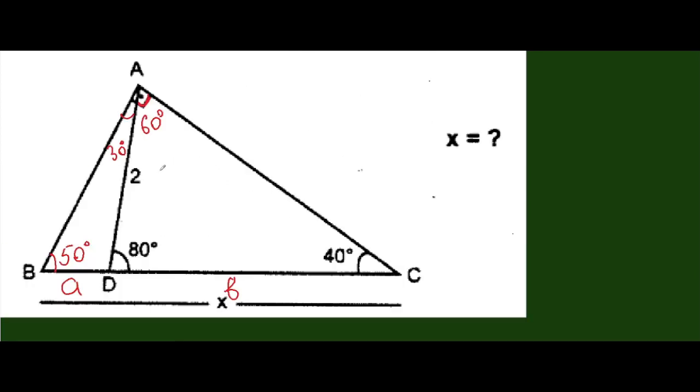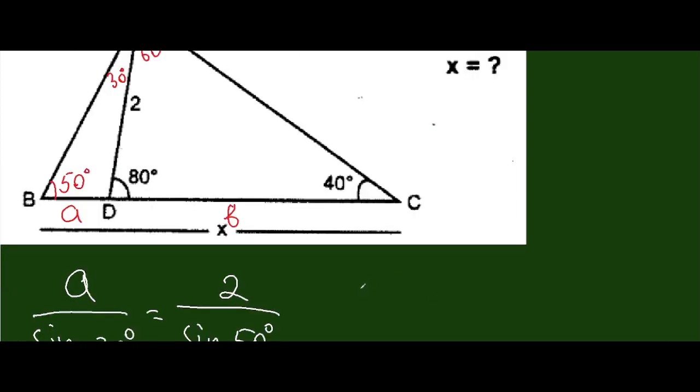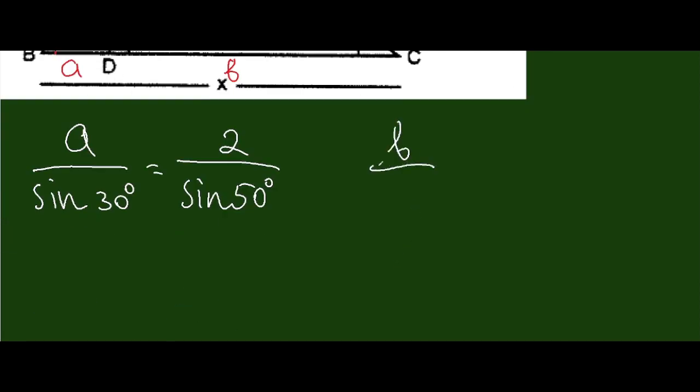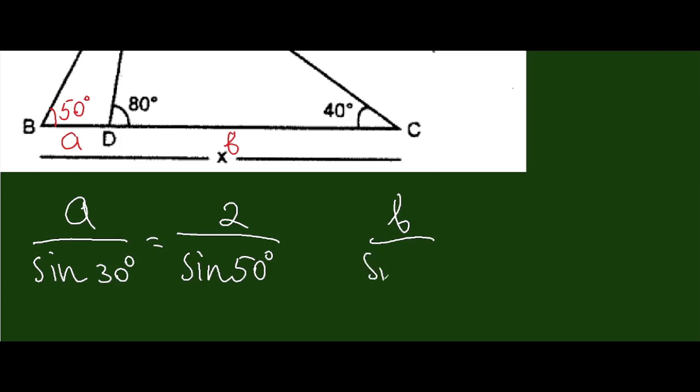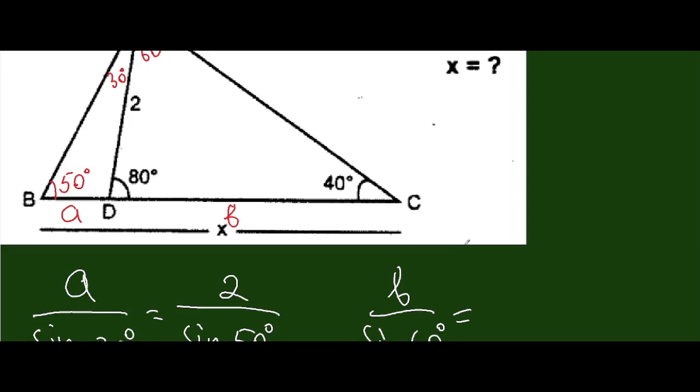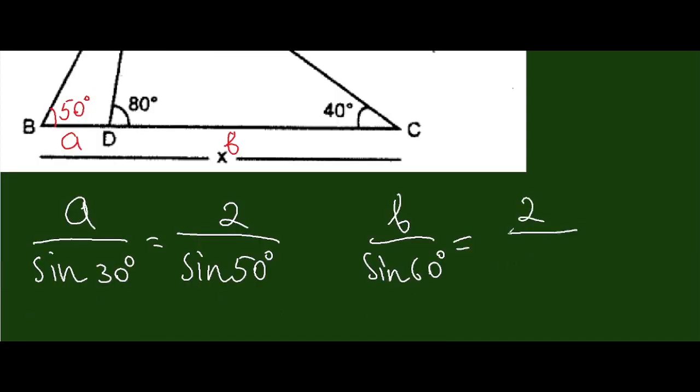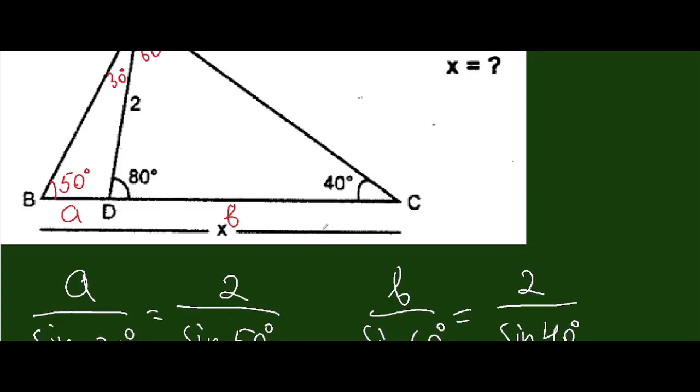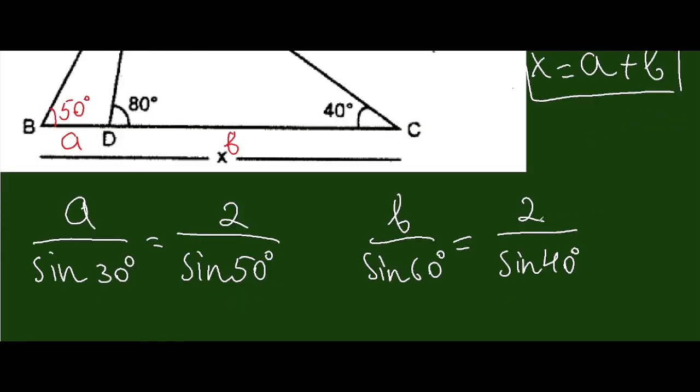And the next one, from the triangle ADC, we know that B over sine 60 degrees will be equal to 2 over sine 40 degrees. So the next step is to know that x will be equal to a plus b, and we'll have to find out a plus b.